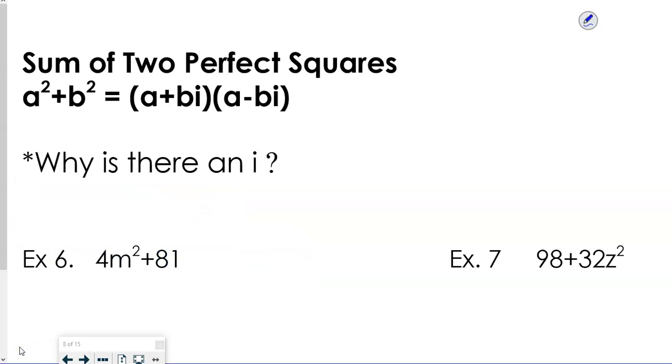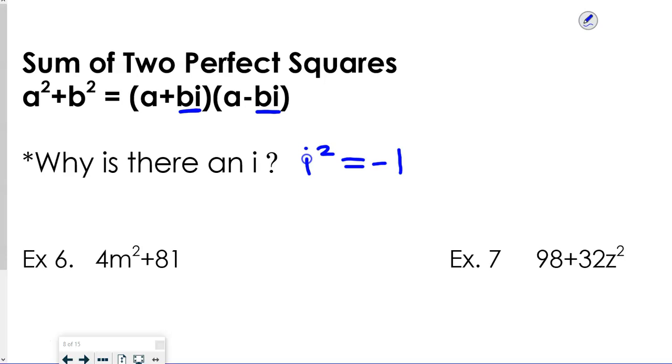So now we have a squared plus b squared. Once again, we have two perfect squares in the first position and the second position. This time, however, we have a plus sign between them. And if you recall, an i is an imaginary number. What is i squared though? i squared equals -1. And so when we multiply this times this, what are we going to end up with?